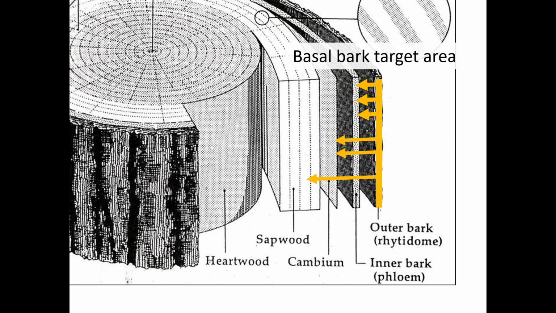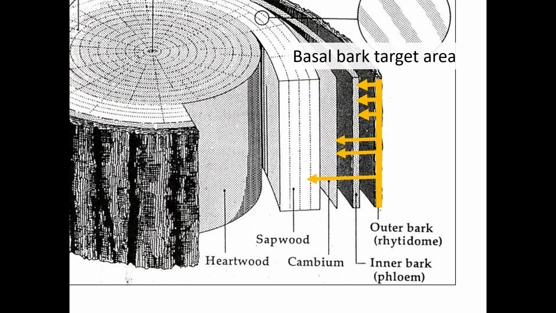So basal bark wise, primarily our target area is getting that herbicide into the phloem so that we get good translocation and movement to the sinks, and hopefully when we're doing it in the fall, that we can get it to translocate down into the roots and into the cambium to destroy that meristematic tissue, which will completely kill those stems. So this is what we want.